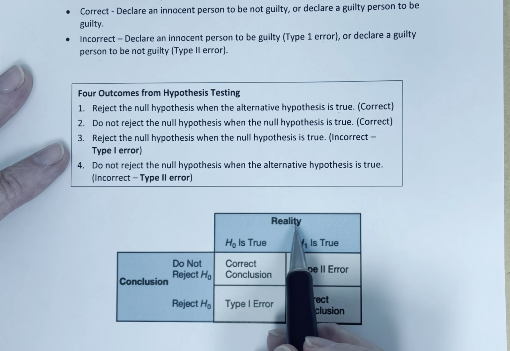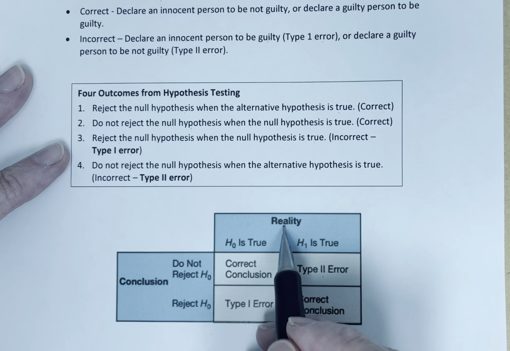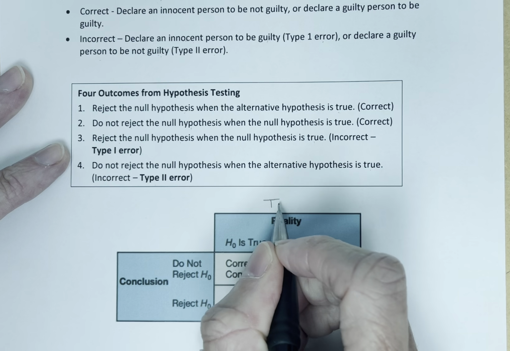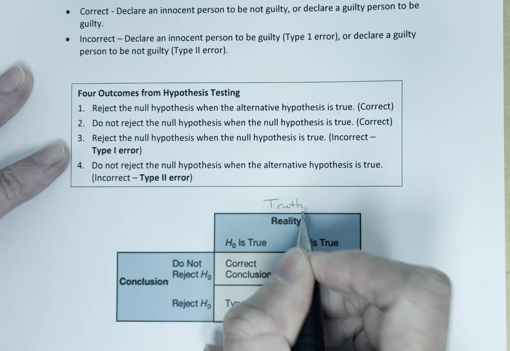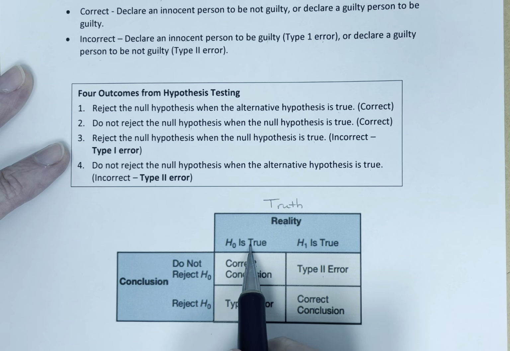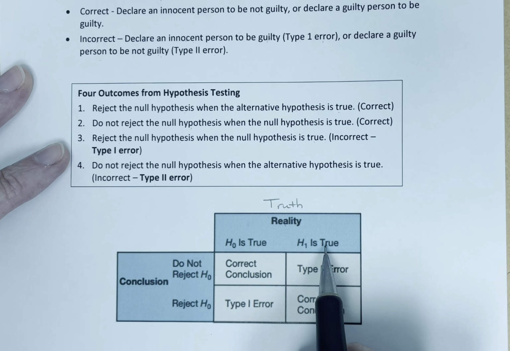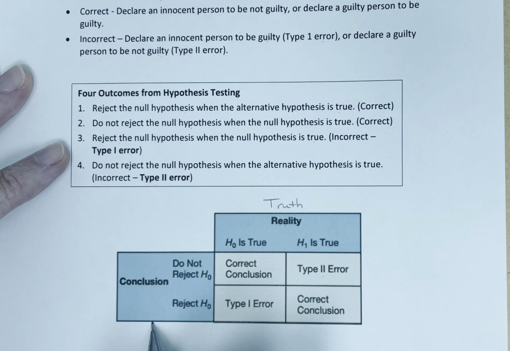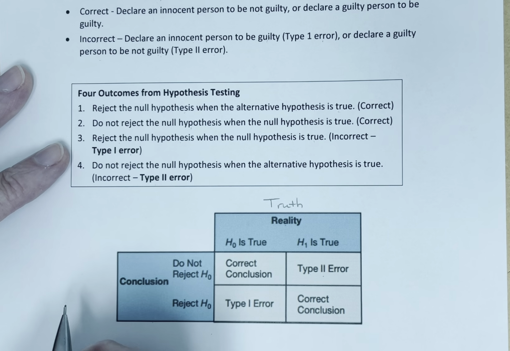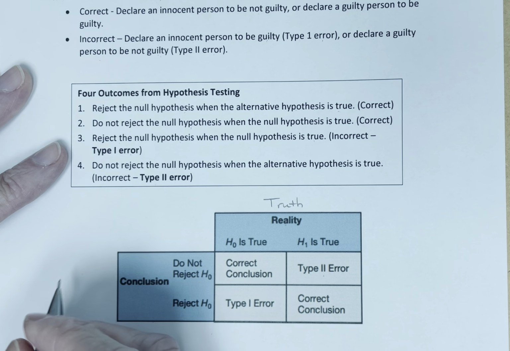Okay, so across the top we have reality, or if you want, the truth. Is the null hypothesis true, or is the alternative hypothesis true? And we have the conclusion after the trial is all wrapped up and the jury goes to deliberate and has findings. So this is the decision.